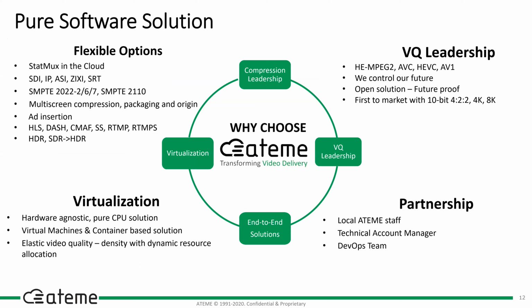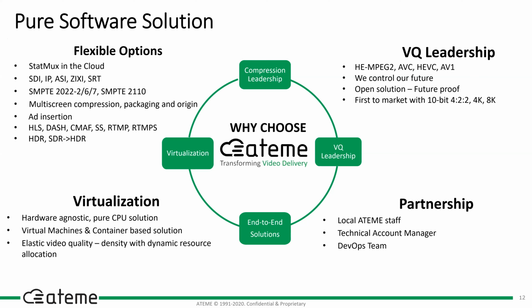I also wanted to say, why would you choose Ateme? Ateme, again, as in previous slides, owns all of our own intellectual property for our codecs. We are not paying vendors for codecs, so we lead in the VQ market. We're world-class video quality for MPEG-2, not just standard MPEG-2, high efficiency MPEG-2. AVC, again, it's a software codec, a 100% pure CPU software codec.